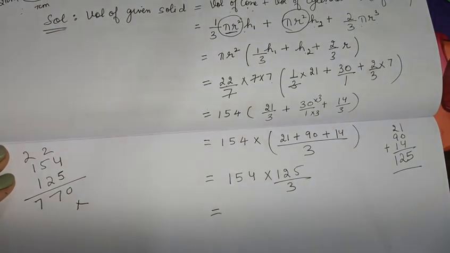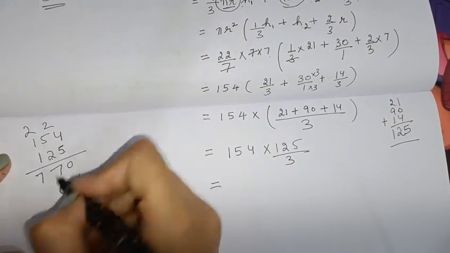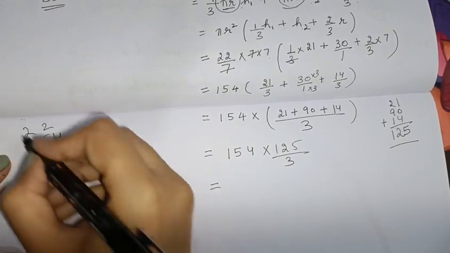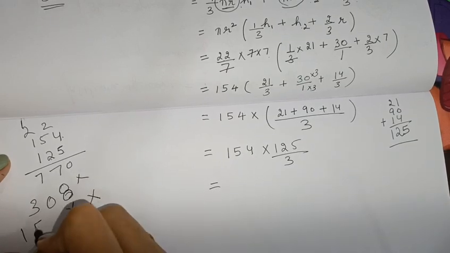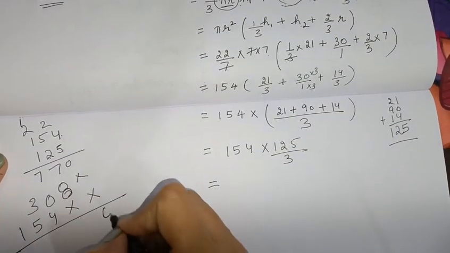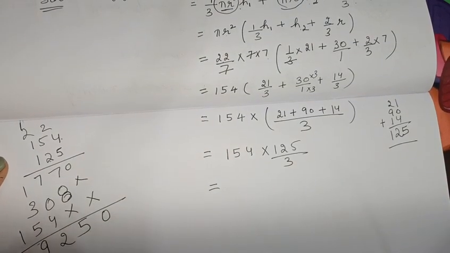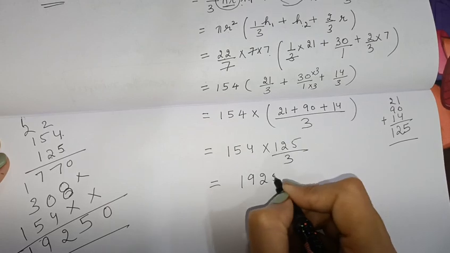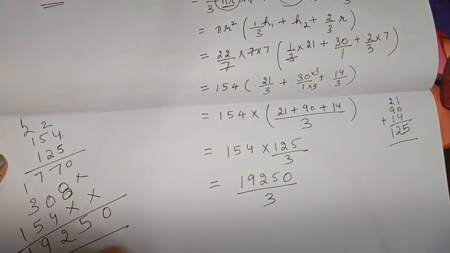You can also do calculations along with me. 2 into 4, 8. So I have got this answer, 19250 by 3. Further this we have to divide by 3.